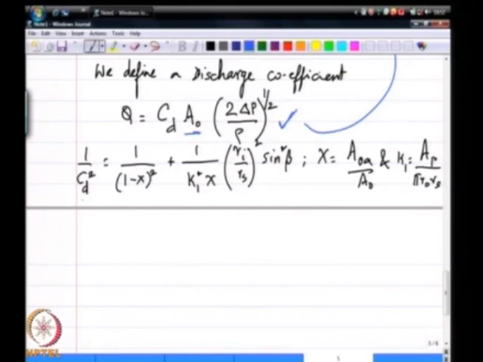So, if I have a CD, I still have only one expression down here coming from our Bernoulli's equation, which relates K1 and X. X is still something we have no handle over, that is determined by the fluid mechanics inside the atomizer.